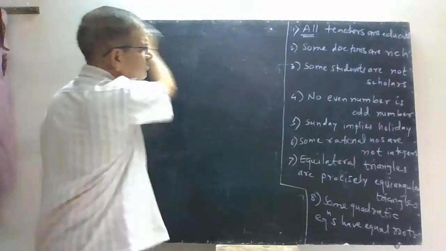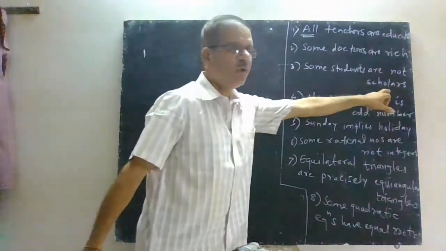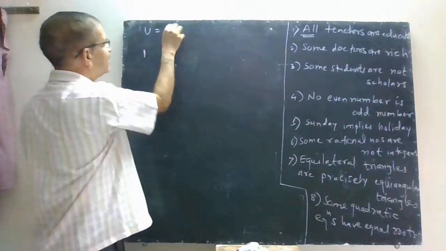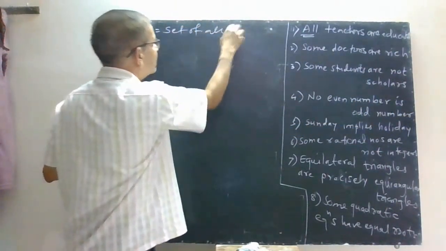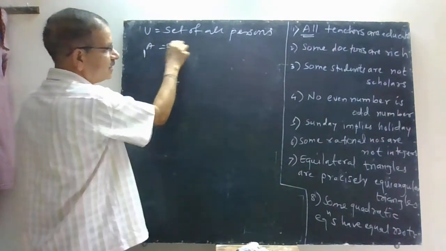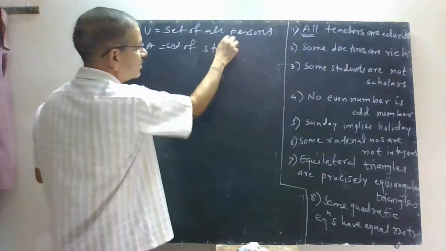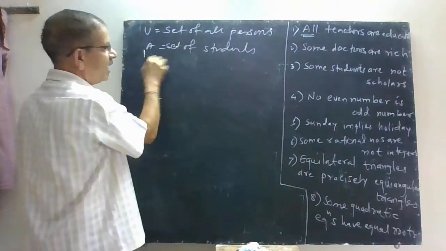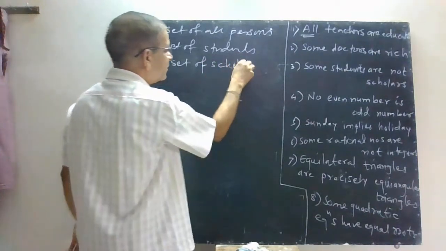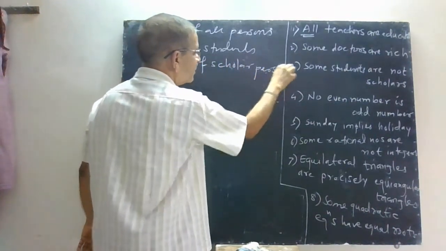See, remember, these students and scholars, they are people, so you can keep your U as set of all persons, then A as set of students, and B as set of scholar. Now remember that one.